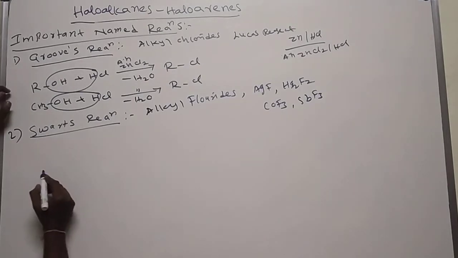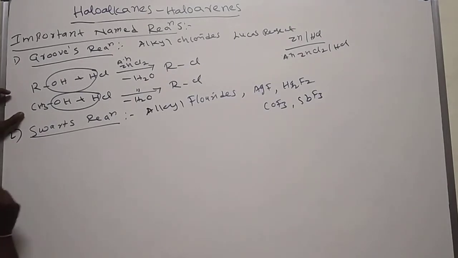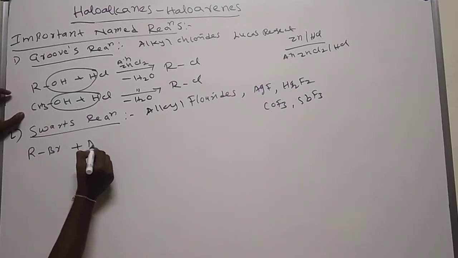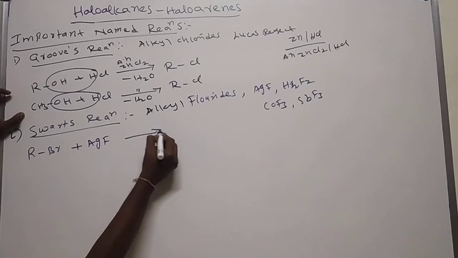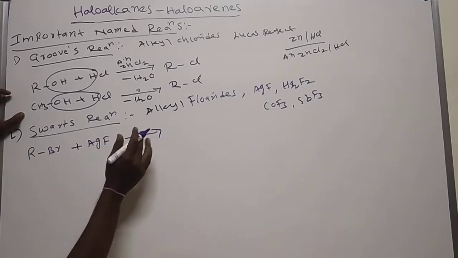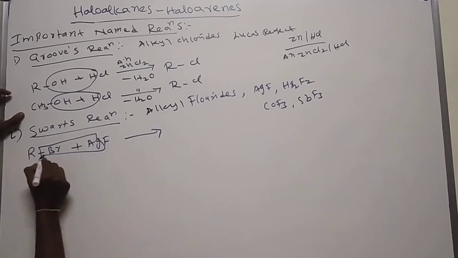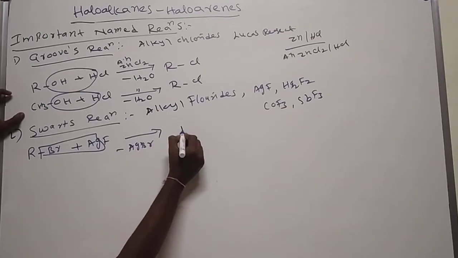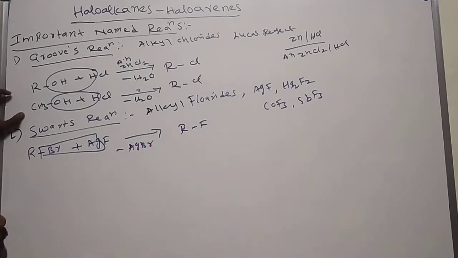Here I am taking alkyl bromide, which reacts with AgF or any of these, releases AgBr and forms alkyl fluoride.